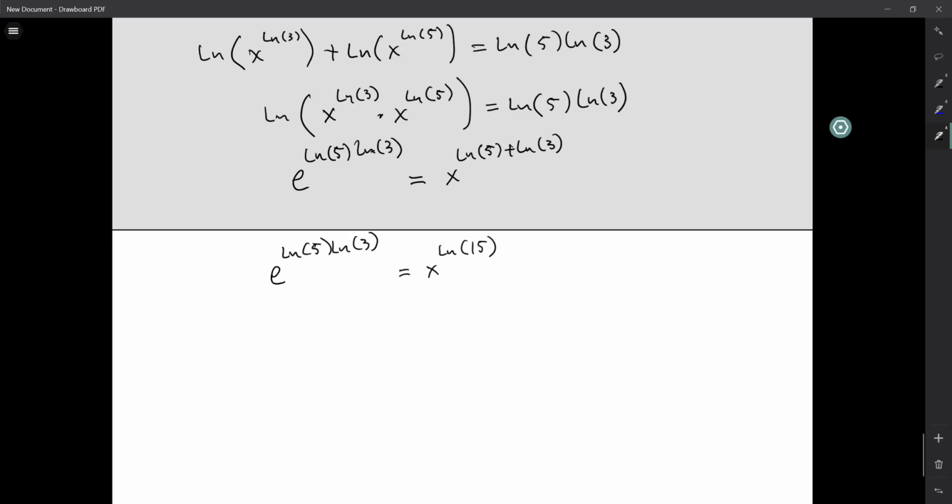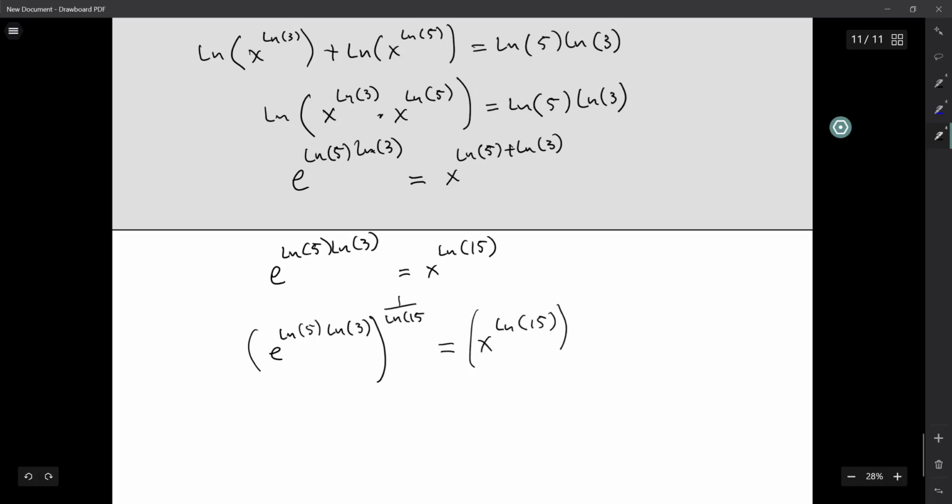Then what I would do is find the natural log of 15th root. We raise both sides, e to the natural log of 5 times natural log of 3, to the power of 1 over natural log of 15 equals x to the natural log of 15 to the 1 over natural log of 15.